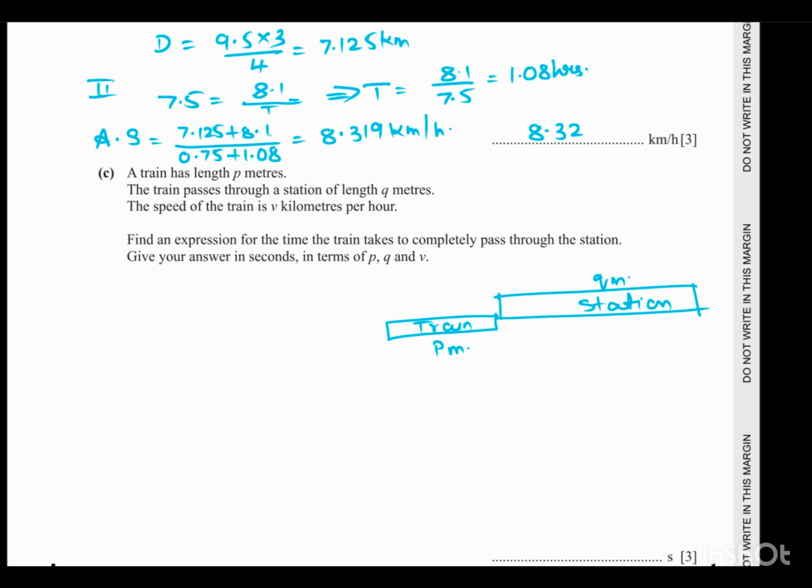Now when this train passes, it has to pass this complete q and then again pass this whole length of its own train. The train has to pass q and then p together, p plus q. So here the total distance in kilometers will be p plus q by 1000.